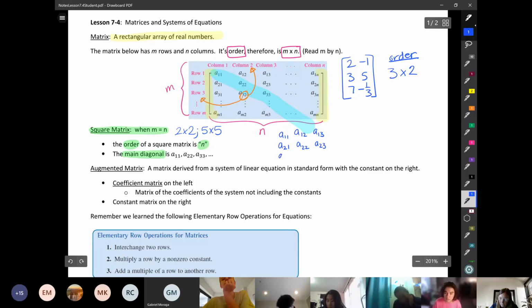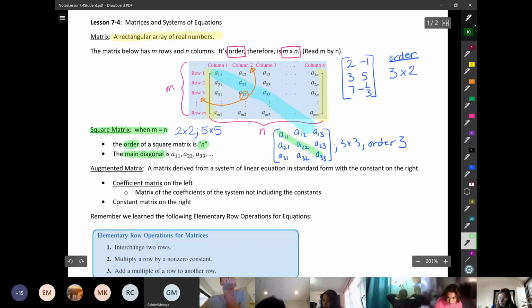My third row would be A31, A32, and A33. And this here is a 3 by 3, so it has order 3. The main diagonal goes from corner to corner, and each of the subscripts match: 1,1, 2,2, and 3,3.